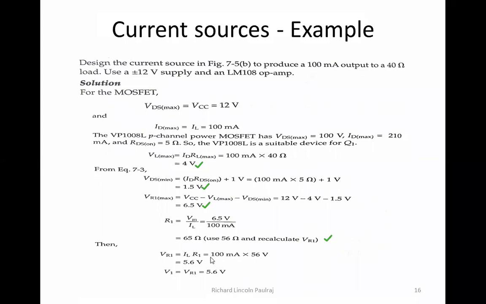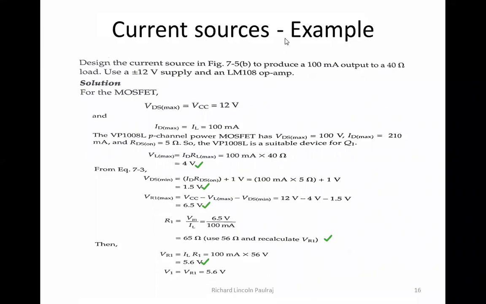So should we be getting about 5.6 here? 100 milli into 56. 5.6, are we getting? So simple math, right? Yes, sir. Yeah. So VR1 is equal to 5.6 volts.